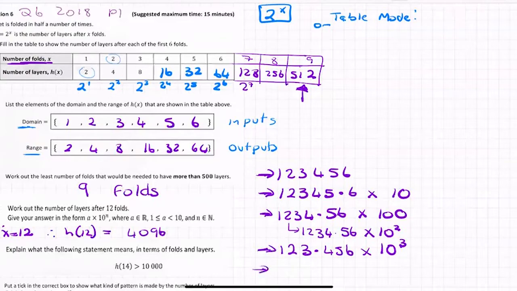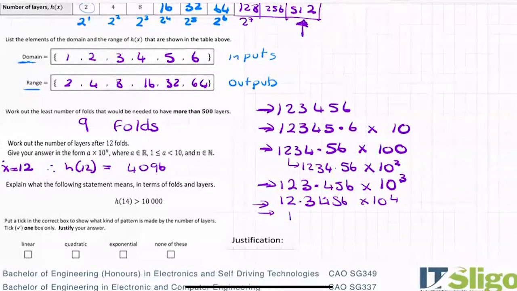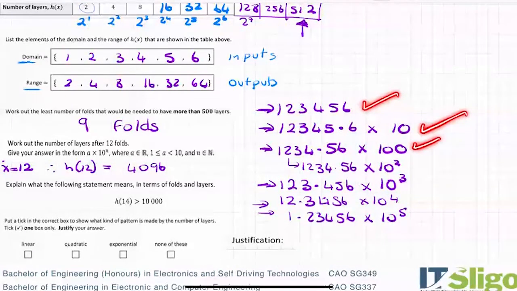And in the same way, I could go 12.3456 by 10 to the 4, or of course, I could go 1.23456 by 10 to the 5. So all of these are the exact same number. This way, this way, this way, this way. They are all the exact same numbers; there are just different ways of writing them.